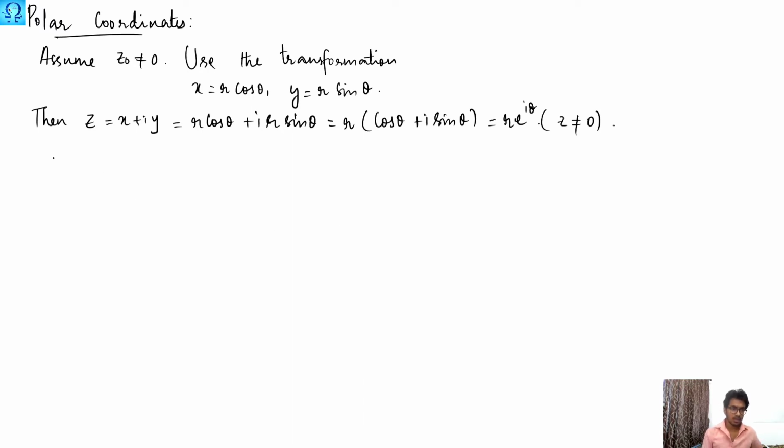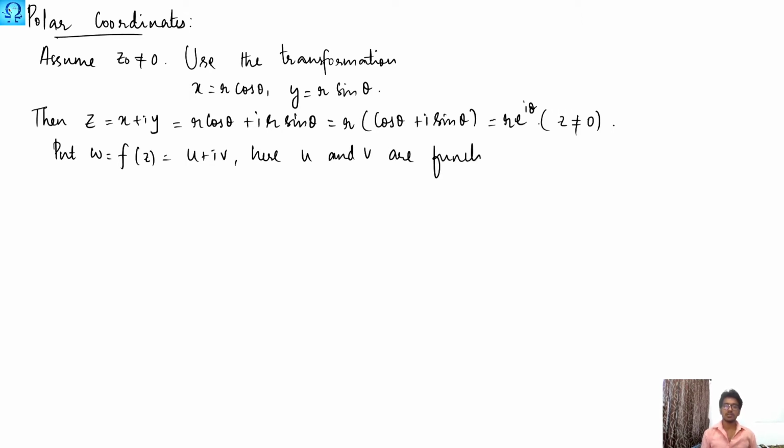Put w as f of z, and this may be written as u plus iota times v. Here u and v are functions of x and y basically.